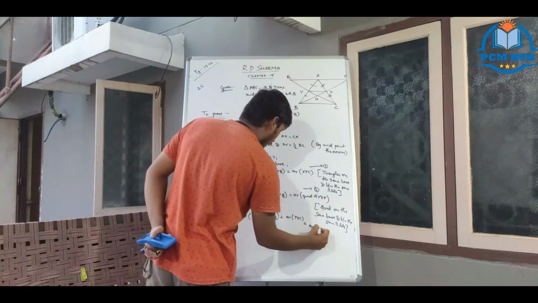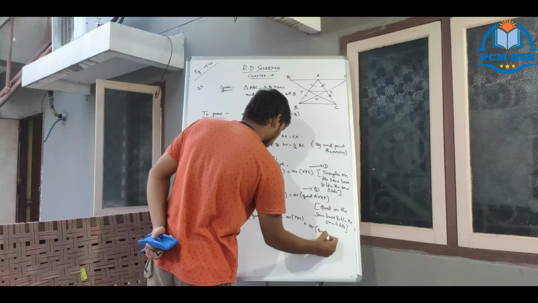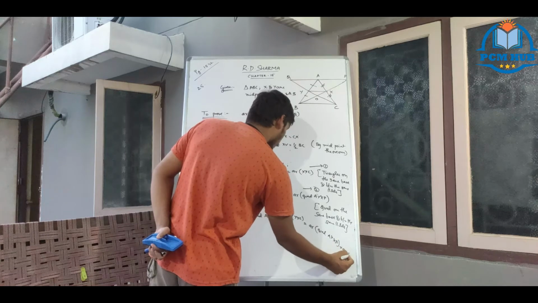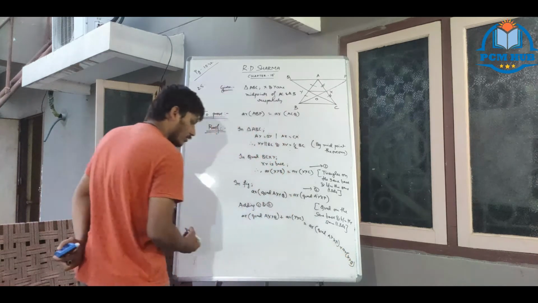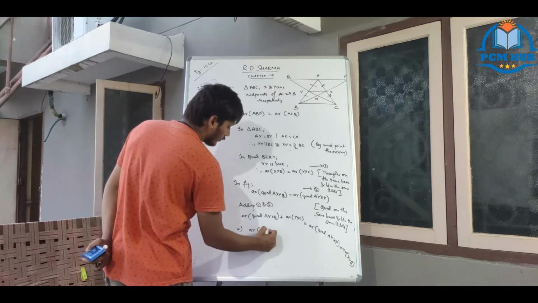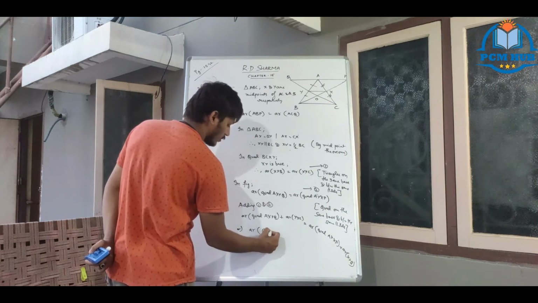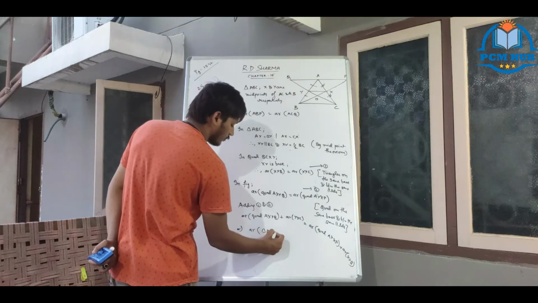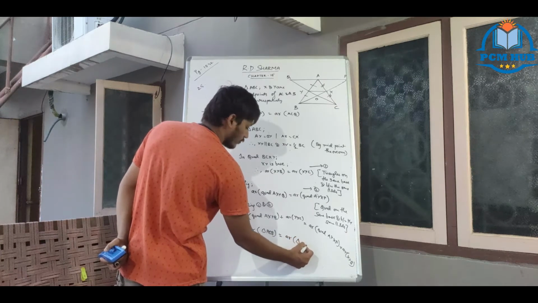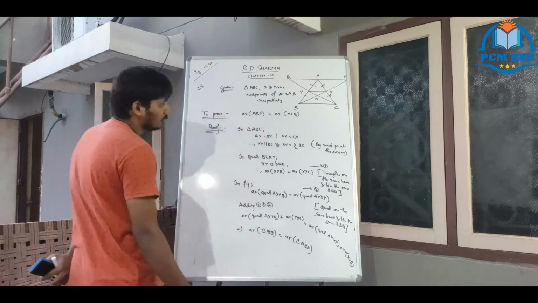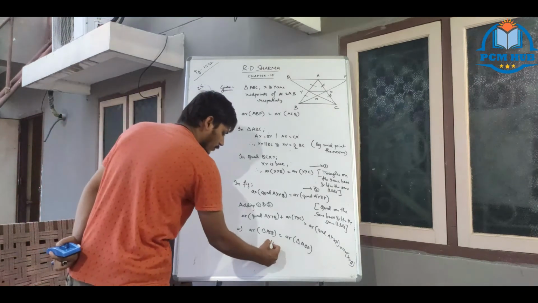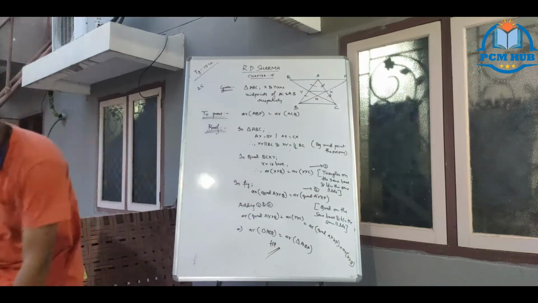And the remaining, AYXP plus area of XYB, if you add these two, it becomes area of triangle ABC. So area of triangle ACQ equals area of triangle ABC. Hence proved.